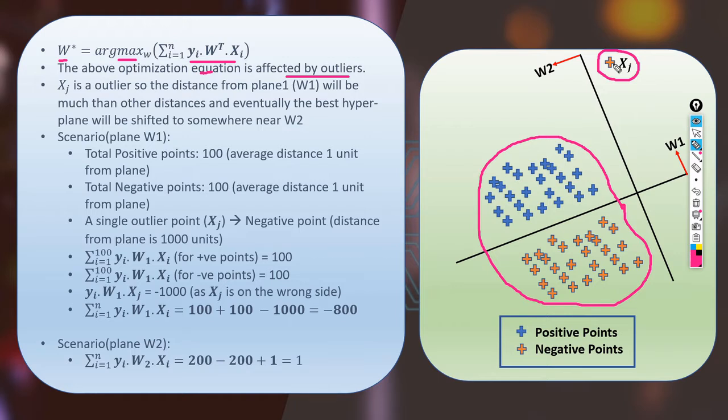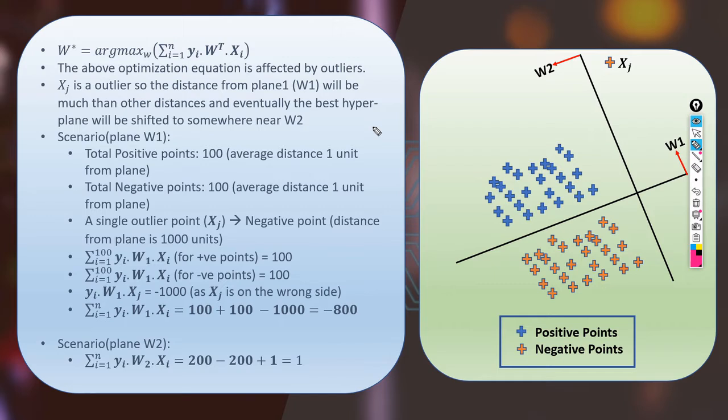I'll be having a dedicated tutorial on how to deal with outliers, how to know who is your outlier, when to remove an outlier, when not to remove it. But in simple terms, an outlier is an extreme point that hampers this particular logistic regression optimization equation, right?